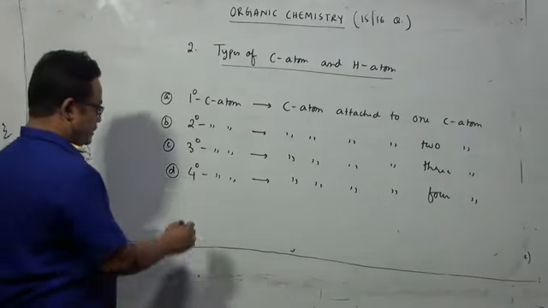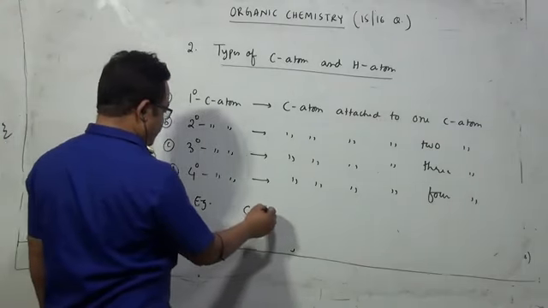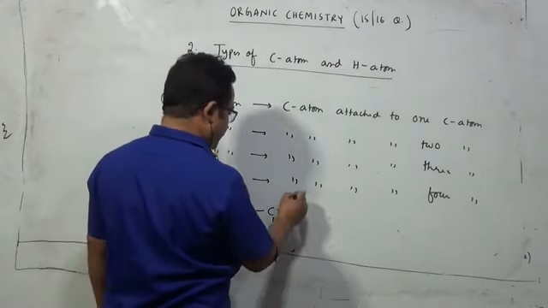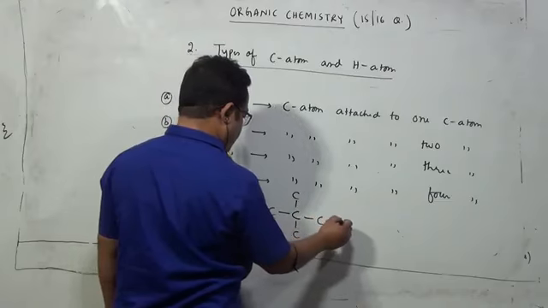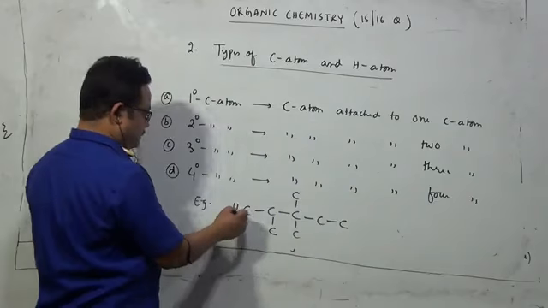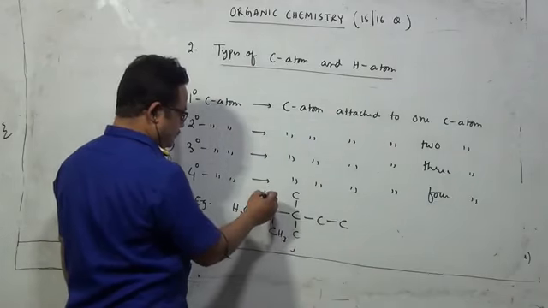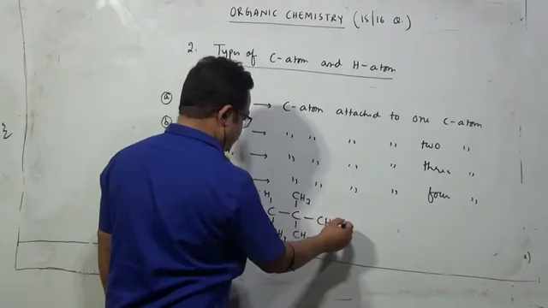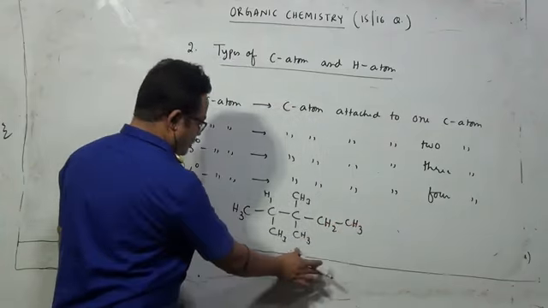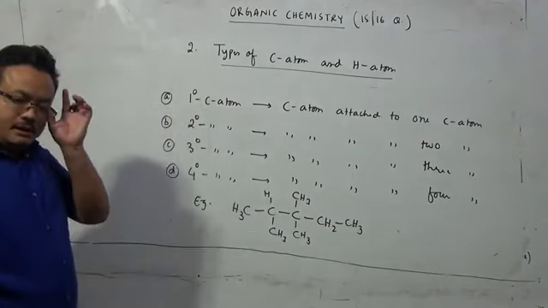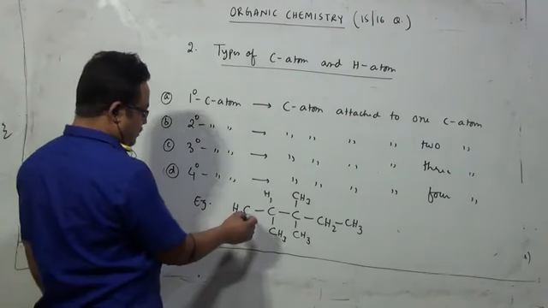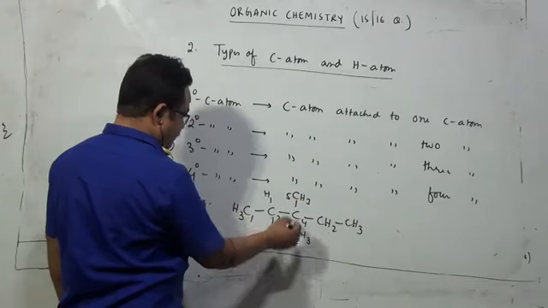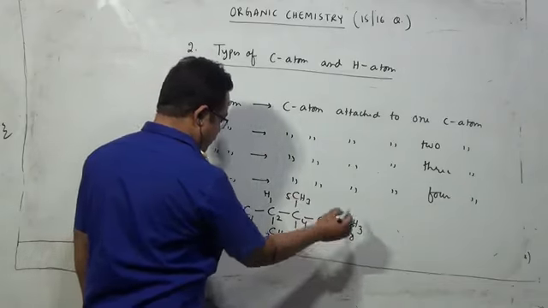Let us see an example here. Now let us find out the carbons: this is carbon number 1, carbon number 2, carbon number 3, carbon number 4, carbon number 5, carbon number 6, carbon number 7, and carbon number 8.